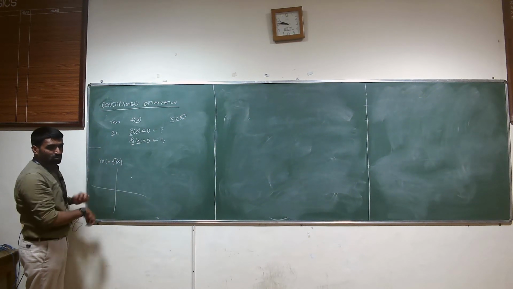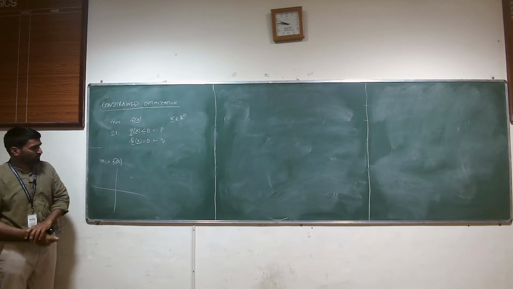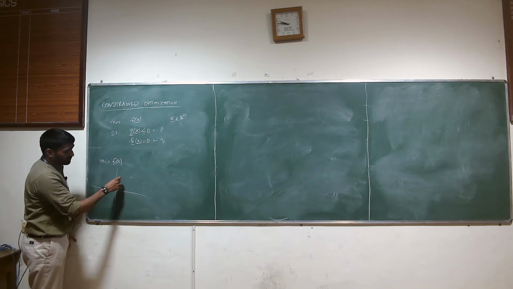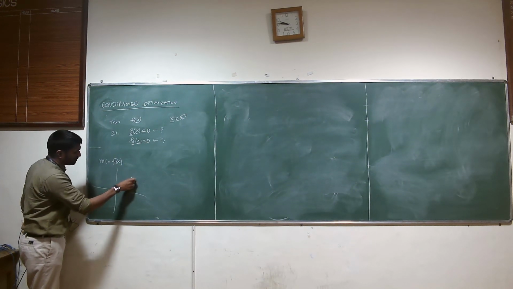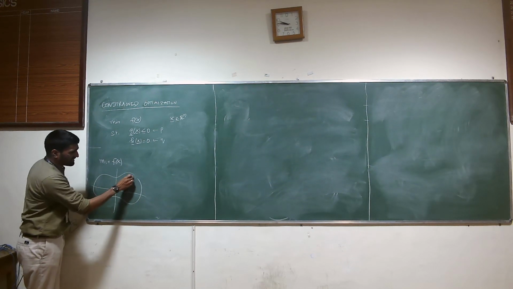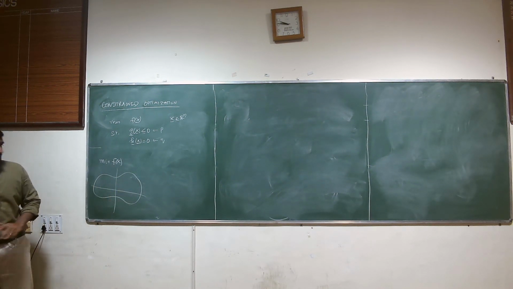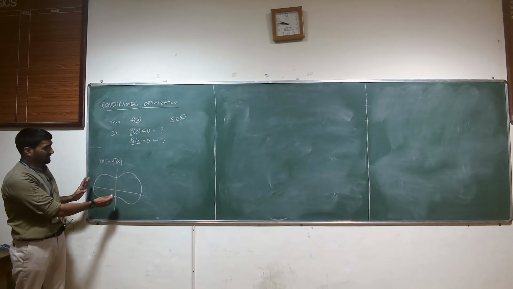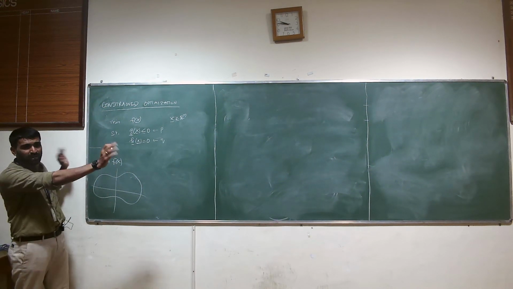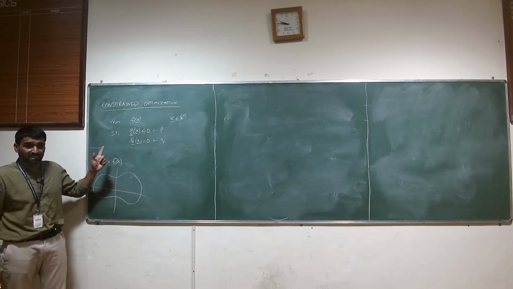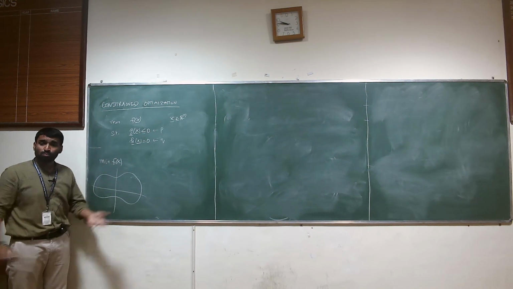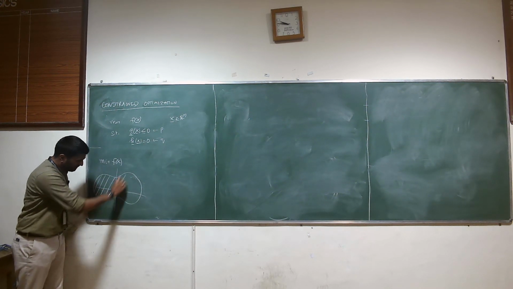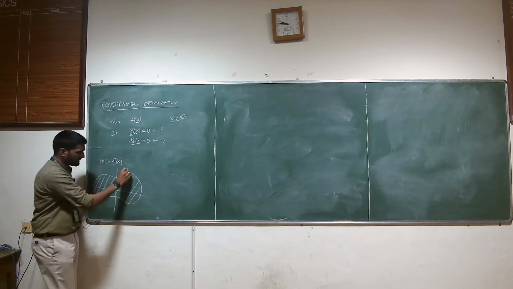But the moment you move into a constrained situation, you are restricted. It's possible that you are now restricted to, let's say, a region like this. The problem now is to find your f of x, which behaves the same way as it did in the unconstrained case, except now you are not allowed to choose any value for x. You are only allowed to choose values that fall within some set. Okay, let's call it omega.